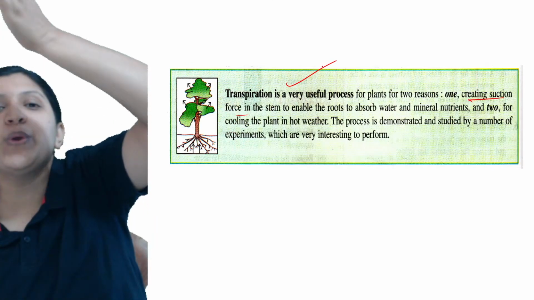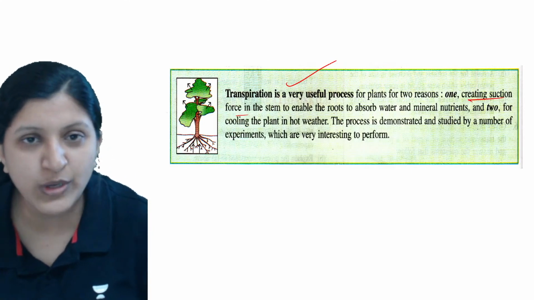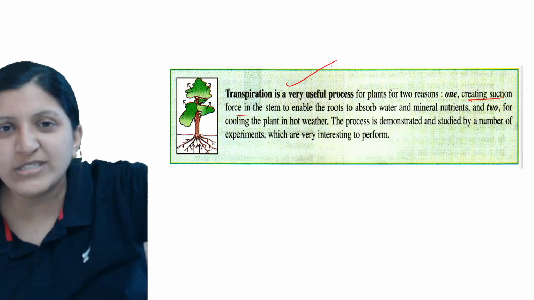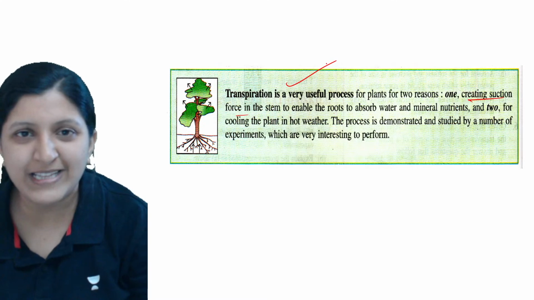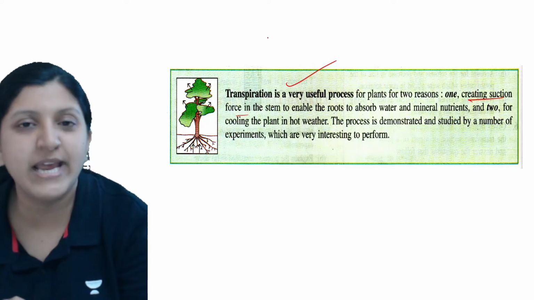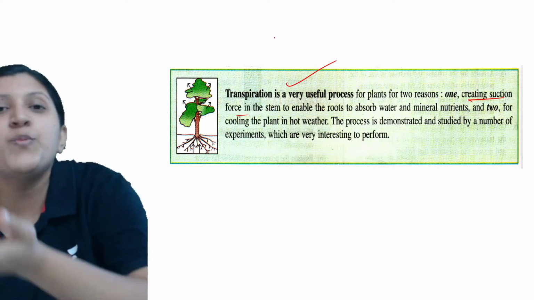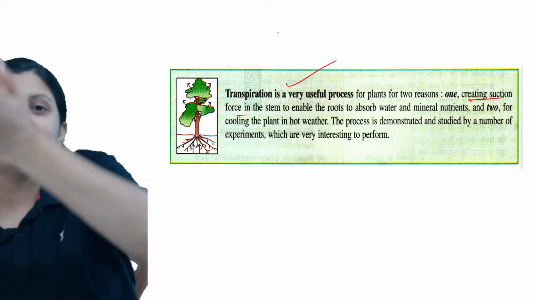That means it is moving against gravity, and for that a pull is needed. Somebody has to pull the water up, right? There is no motor or anything. So a suction force has to be created, and by that the water moves upward against gravity.